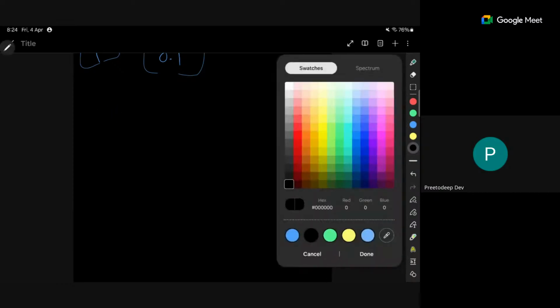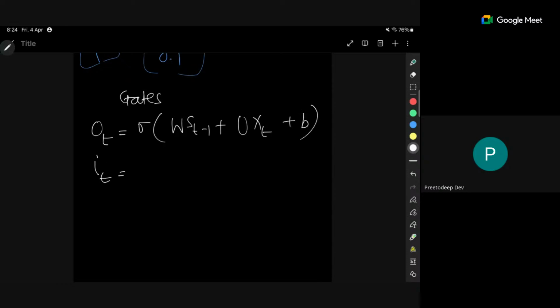So if I write the GRU equations, the gates are like this. One is OT, that is sigmoid of W ST minus 1 plus U XT plus B, and IT, which is sigmoid of, you can call WO, which is WI.